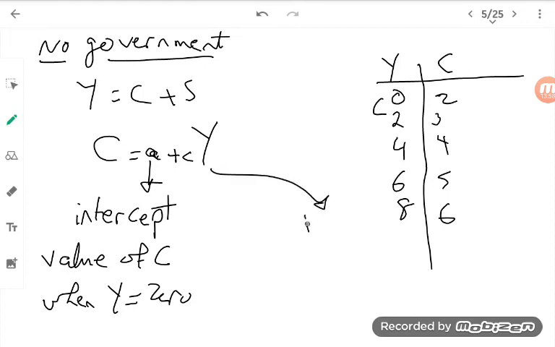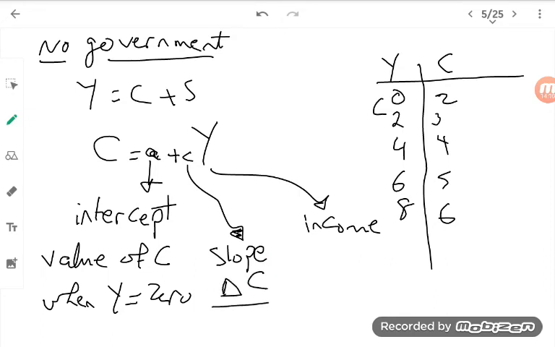Y is income and small c is the slope, which is the change in consumption due to a change in income by 1 unit.